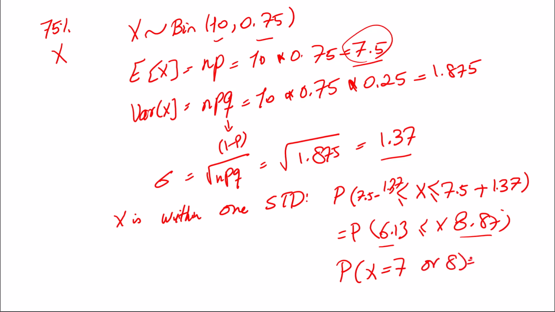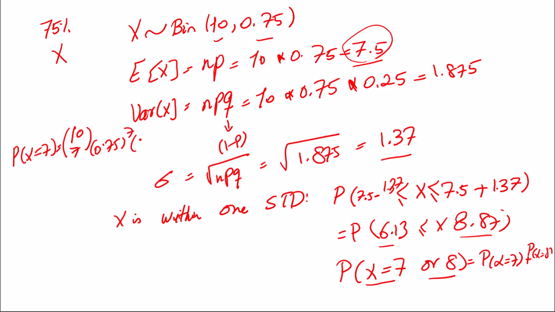So it is the probability of x equal to 7 plus the probability of x equal to 8. Here we need to calculate those. For the probability of x equal to 7, based on the equation, we say combination of 10 and 7, 75% to the power of 7 and 25% to the power of 3.